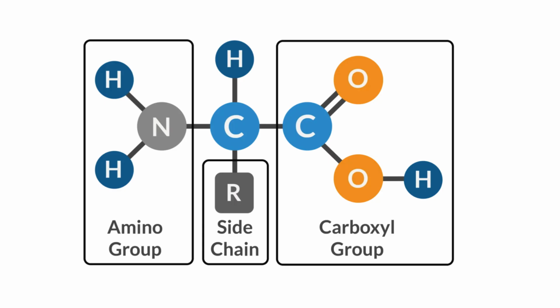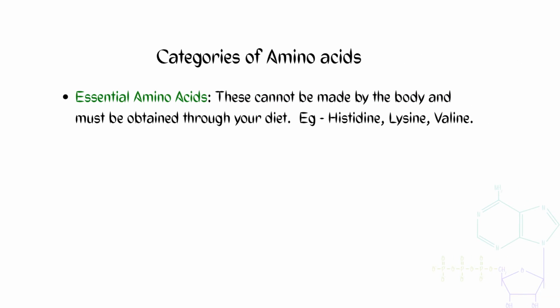Then the amino acids zinaweza zikawa pia categorized into 2 categories as well, depending on how essentially the body needs them. So we have 2 types ambazo hizo 2 categories. Tuna essential amino acids and we have the non-essential and conditional amino acids.